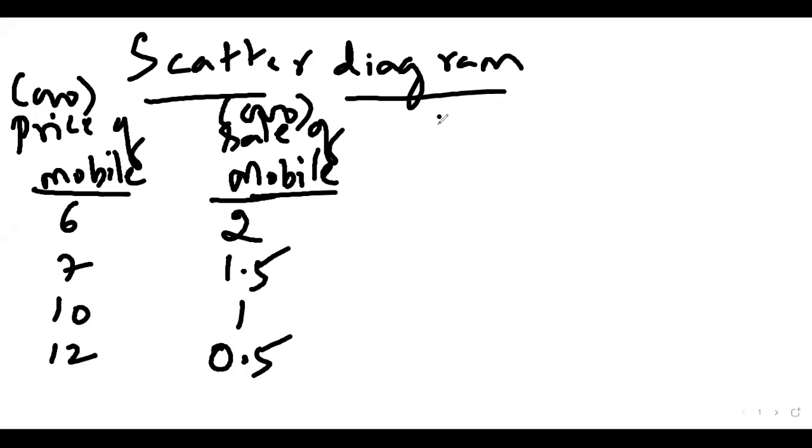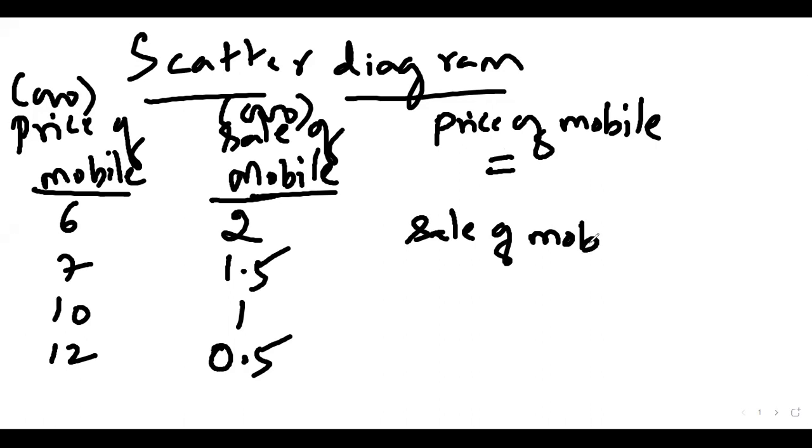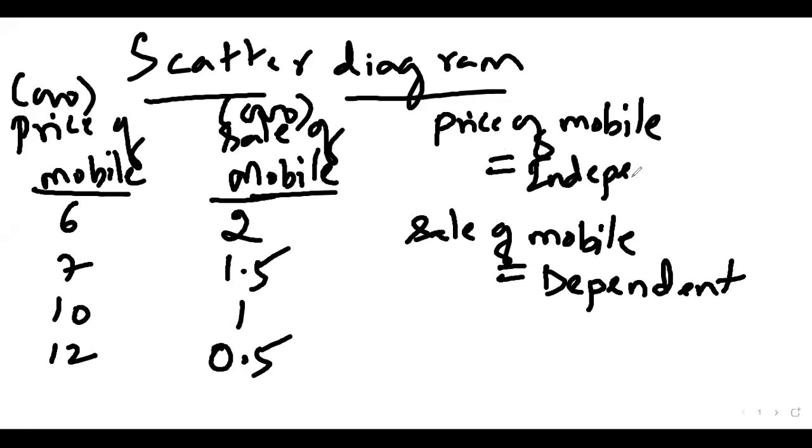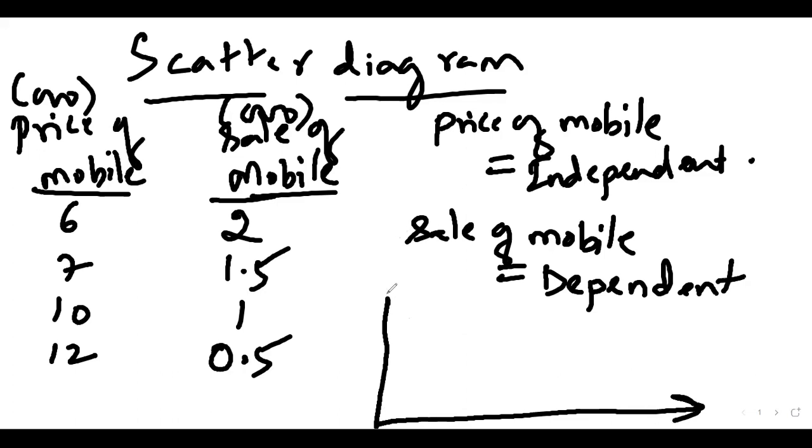If you look at price of mobile and sale of mobile, sale of mobile is the dependent variable, because the sale of mobile depends on the price. Is there any type of doubt? You are supposed to ask if there is any doubt.